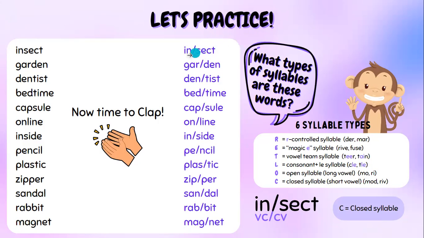When we want to split it into syllables, we apply the first rule, which was split 2 consonants that are in between 2 vowels. Here, the N and S are 2 consonants which are between the I and E, which are 2 vowels. So we split between the N and the S. So the two syllables are in and sect.